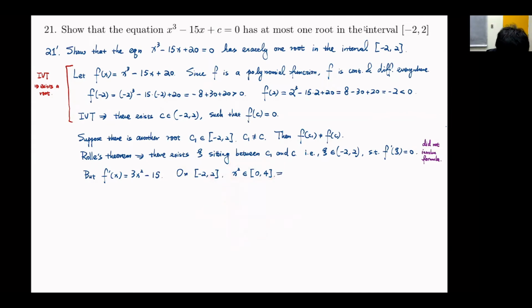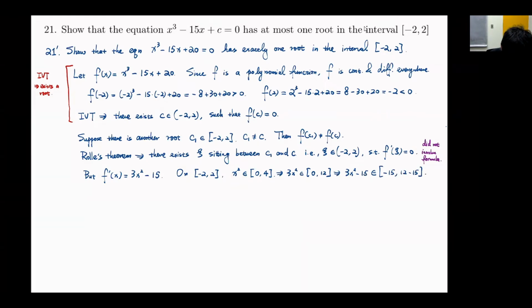So this will tell me that 3x squared will be sitting between 0 and 12. So 3x squared minus 15 will be sitting between minus 15 and 12 minus 15. Okay, what does that tell me?